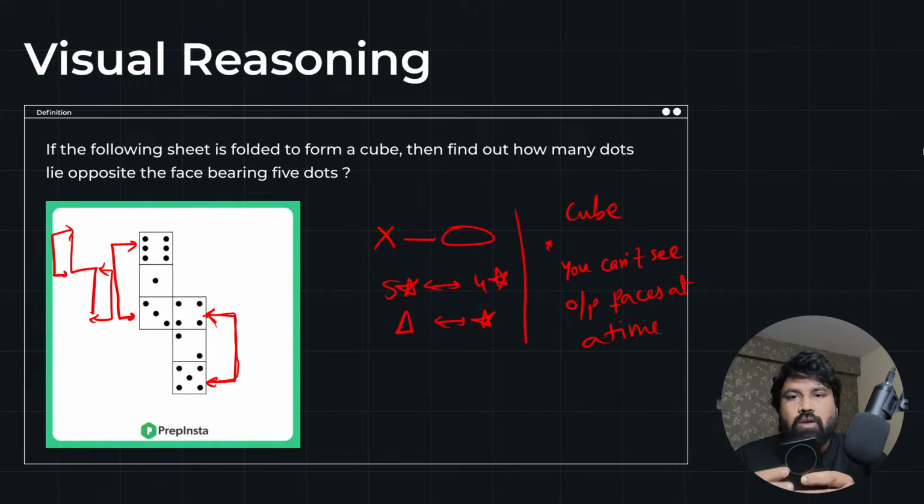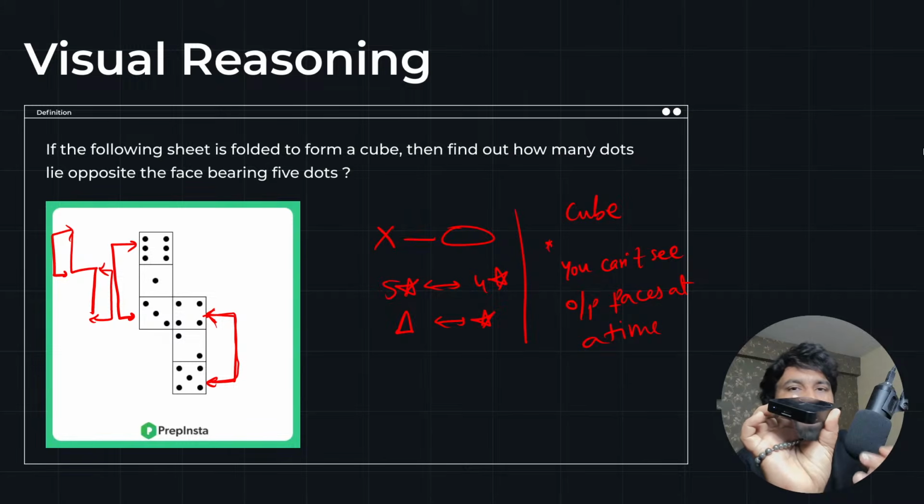It has a circle here and some text opposite to this, and all the rest of the sides are plain with one button on this side. If I see any isometric view, meaning 3-dimensional, I can see a maximum of 3 faces. For example, this is the isometric view I am showing to the camera. What can you guys see? You can see this face.